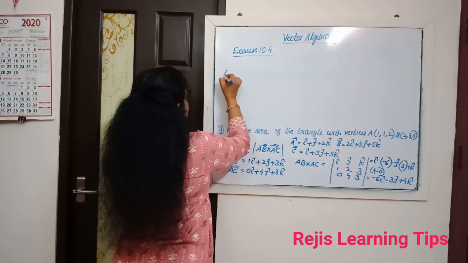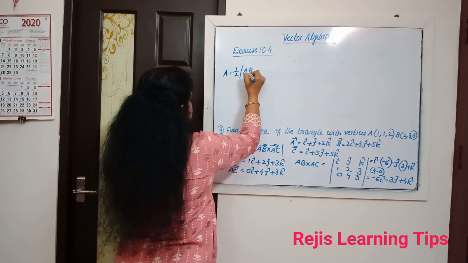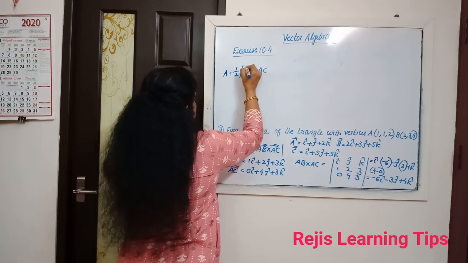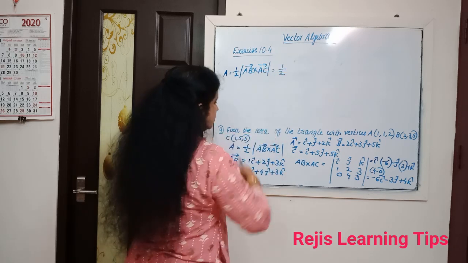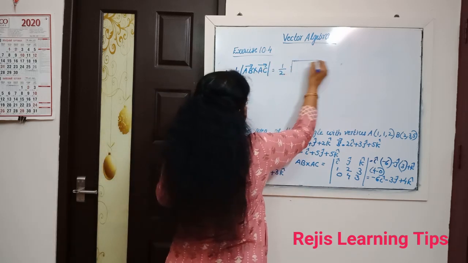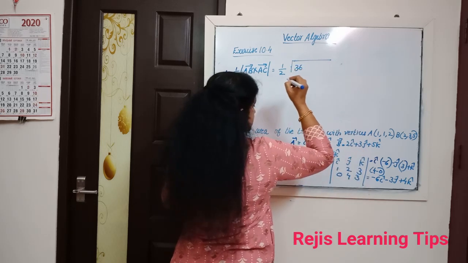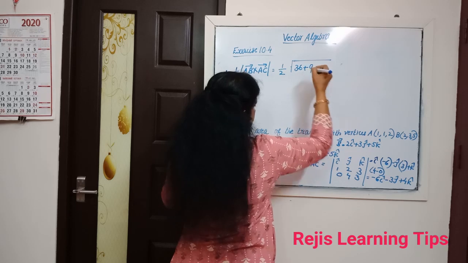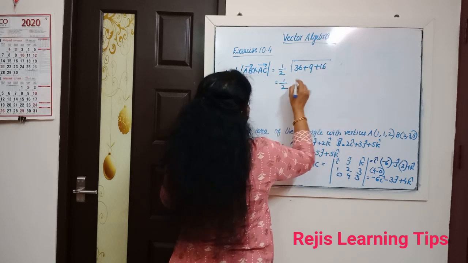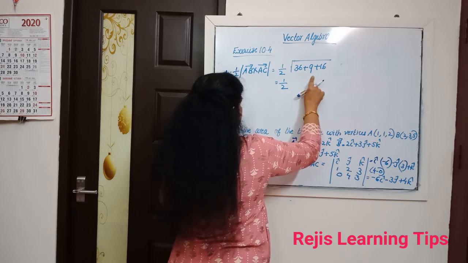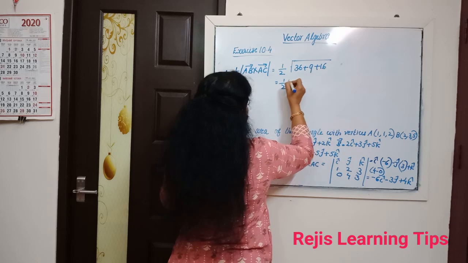Then area A is equal to half into modulus of AB cross AC, that is equal to half into root of minus 6 square, means 36, plus 9 plus 16. 36 plus 9 means 45, 45 plus 16 means 61.